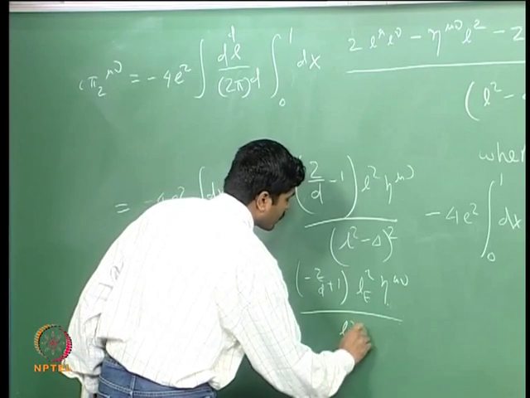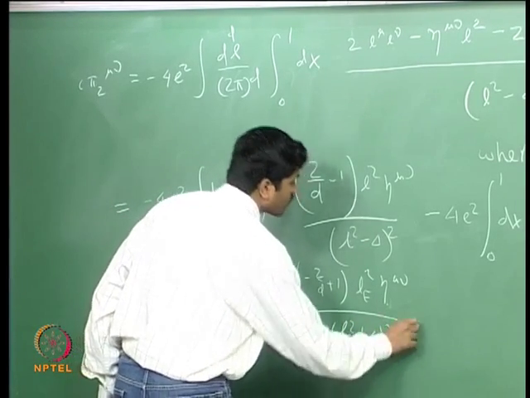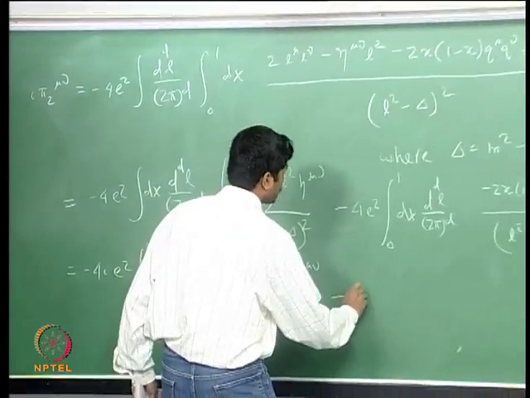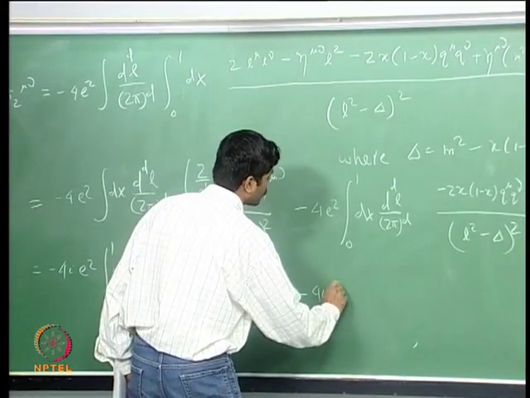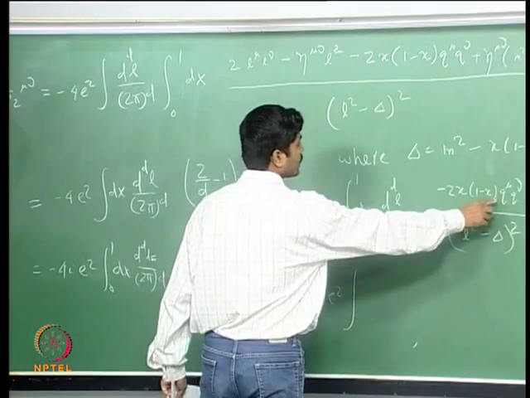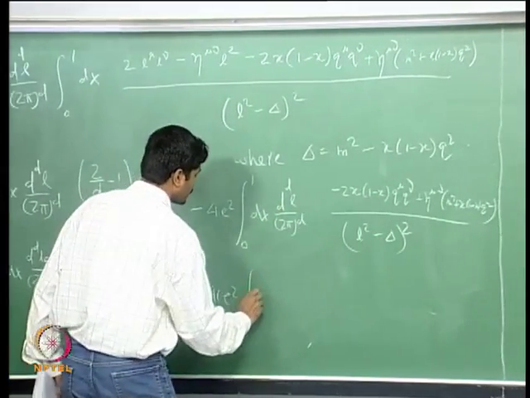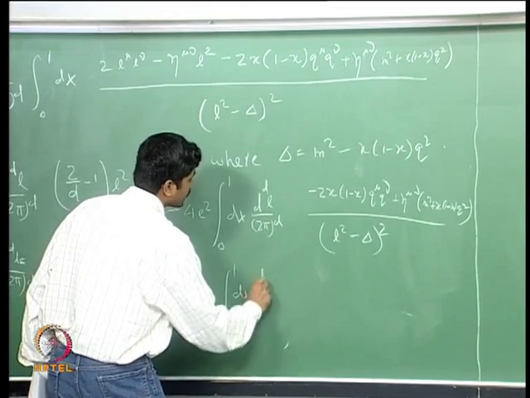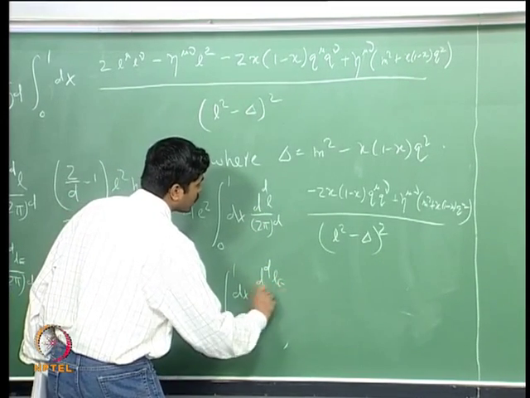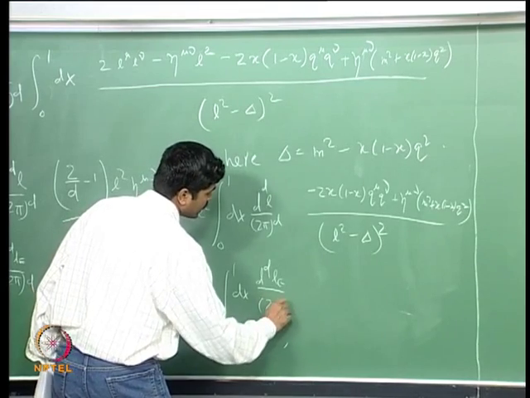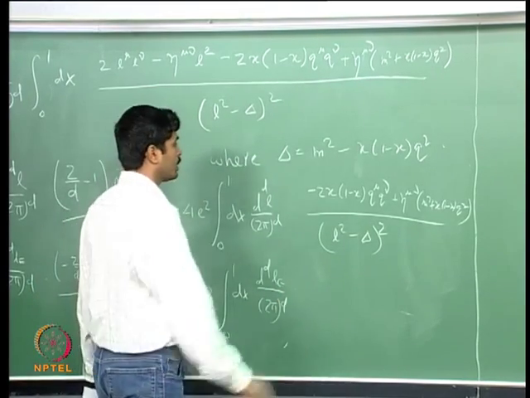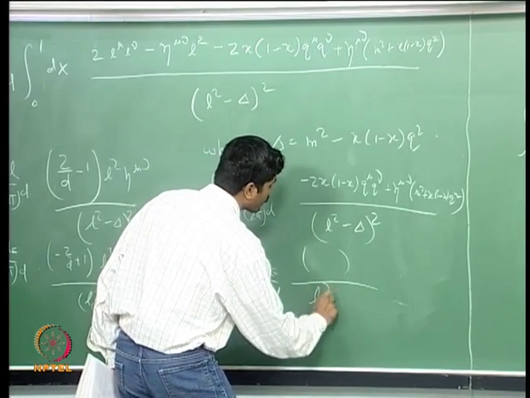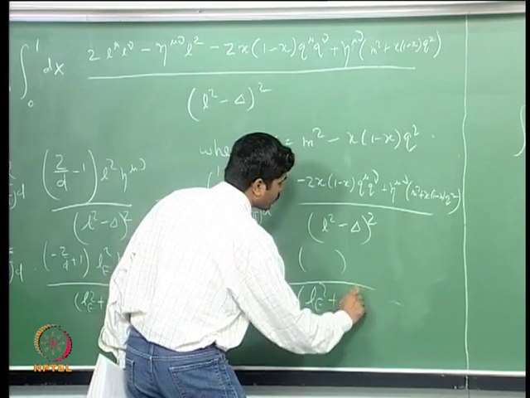So, L_E square plus delta whole square, this will be the first term, and in the second term I will have 4 i e square, and here everything will be exactly as it is, except that this will become L_E, d^d L_E divided by 2 pi to the power d, and here I will have L_E square plus delta whole square.